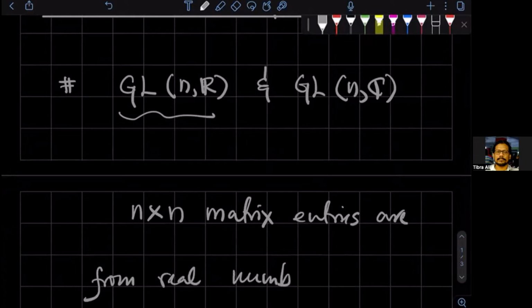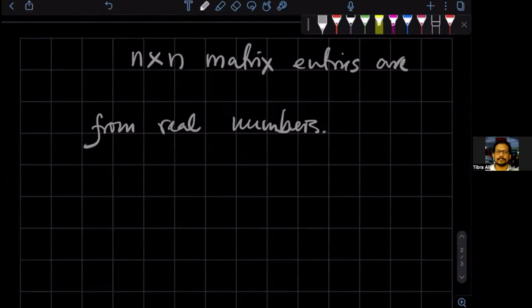Now, is there any restriction on these matrices? So suppose that M was an element of GL n R. Does M have to satisfy any condition?